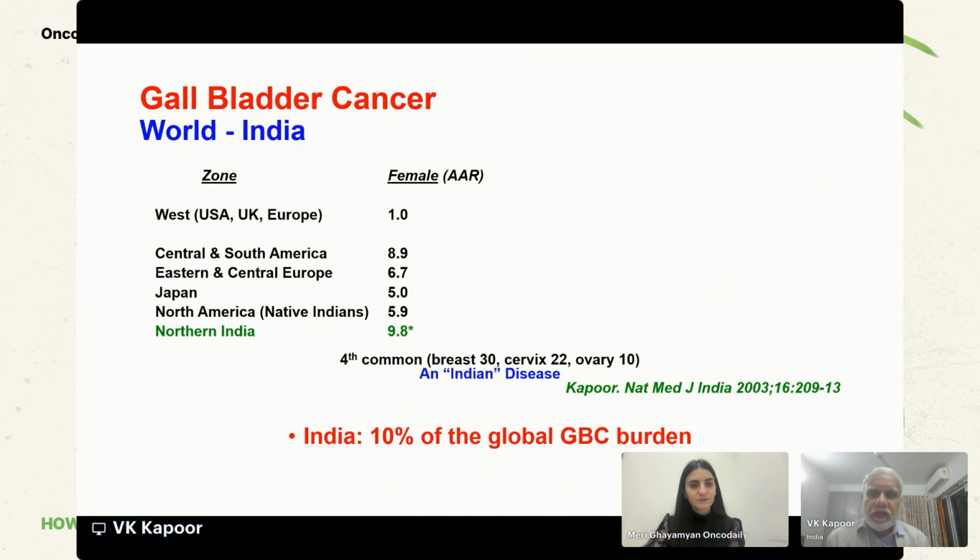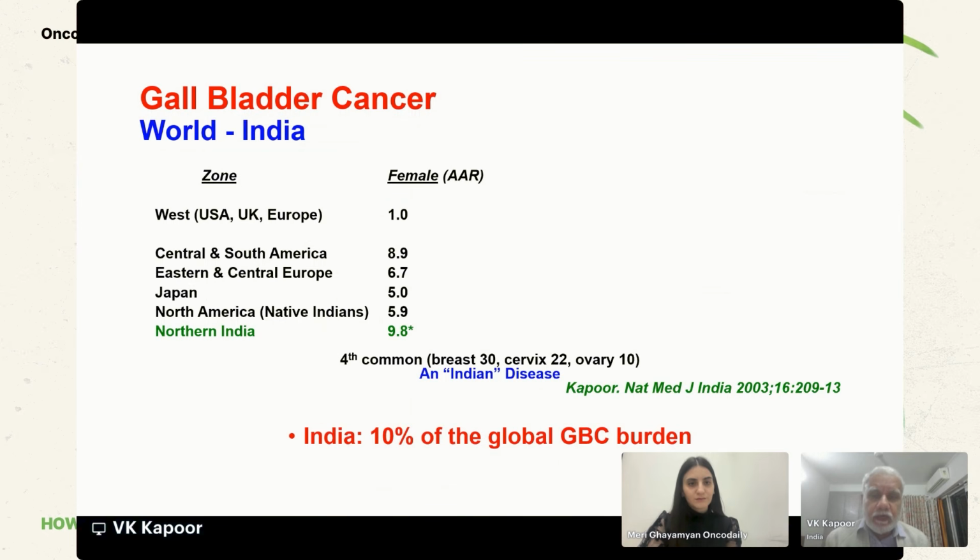On the other hand, there are certain geographical areas like Central and South America, Eastern and Central Europe, and countries in East Asia like Japan, Korea, and China, where the incidence rates are much higher, ranging from 5 to 9 per 100,000 per year. Even in the US, when we look at different races, there is a difference. Amongst the Native American Indians, the incidence is about 6 per 100,000 per year, which is 6 times the incidence in the Caucasian or the white population or the Black African population.